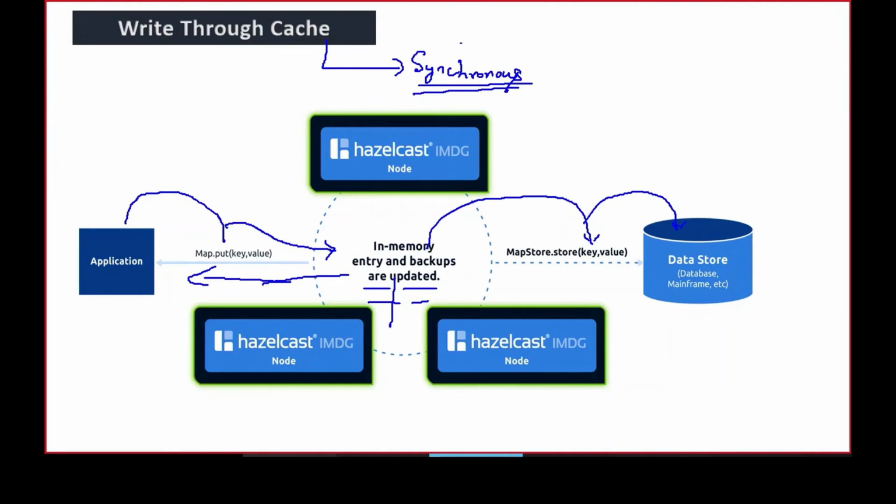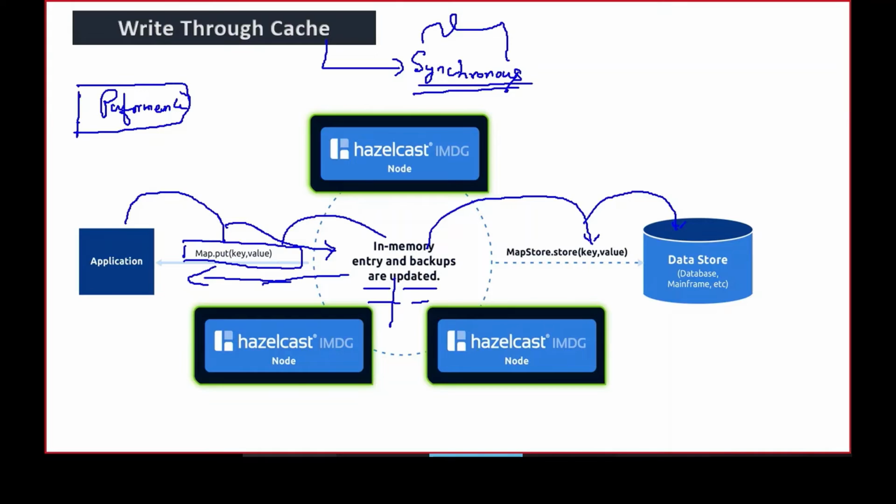But the point is, since it is implemented in a synchronous mode, the performance and the throughput of the application will be impacted. How it works is, when somebody puts a new value, it reaches the in-memory database.